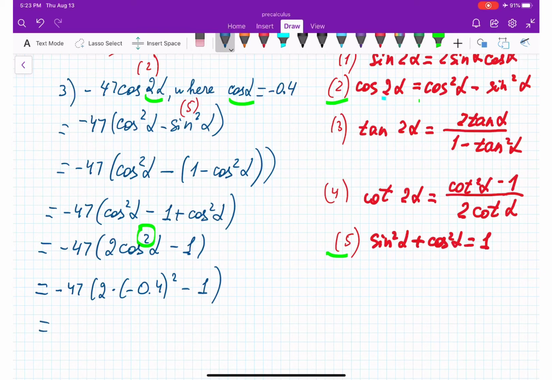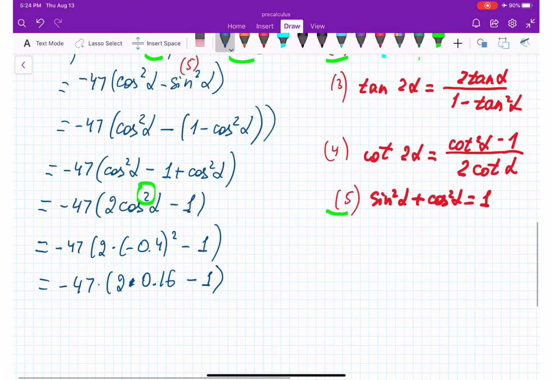So it's going to be equal negative 47 times 2 times 0.16, right? It's going to be positive, and then minus 1. So let's distribute negative 47. Okay, let's multiply this also.